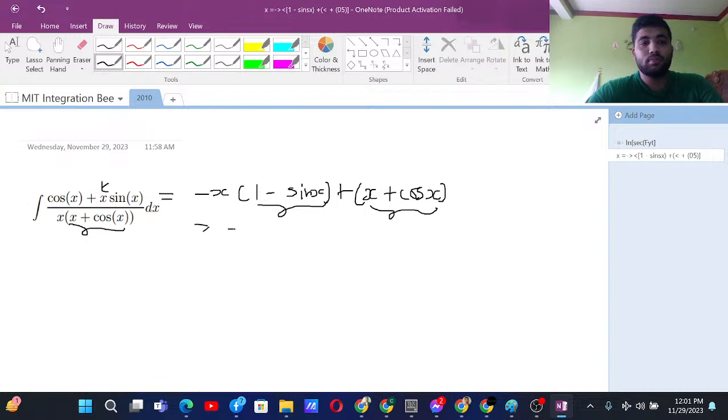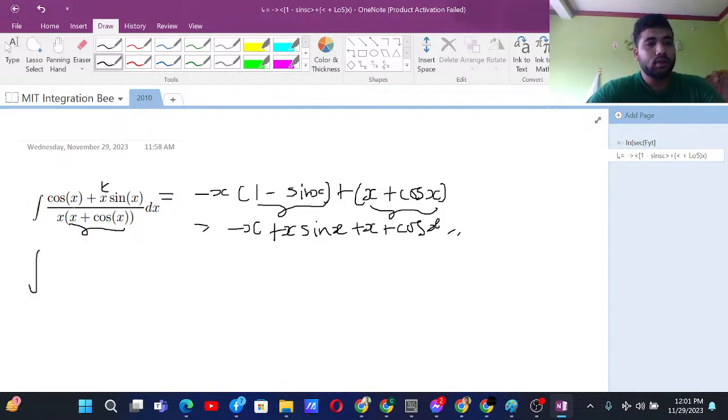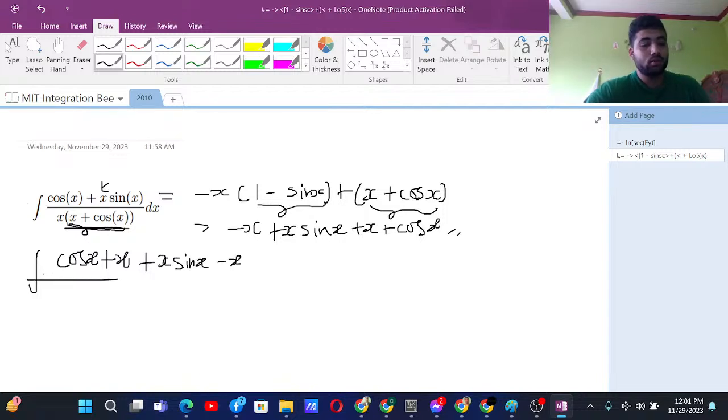So this is just minus x plus x sin x plus x plus cos x. Yeah. Okay. So you can also do it like this. First of all, you can introduce an x so that you make it the same as the expression given below, and then again subtract that x. You can also build your thought process like this.